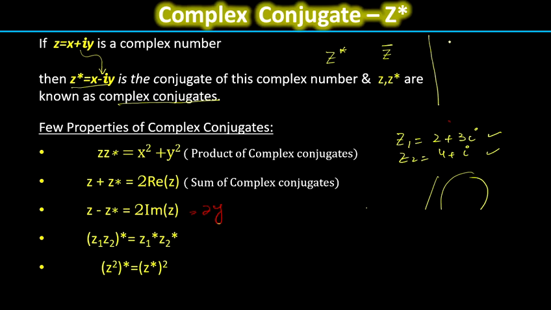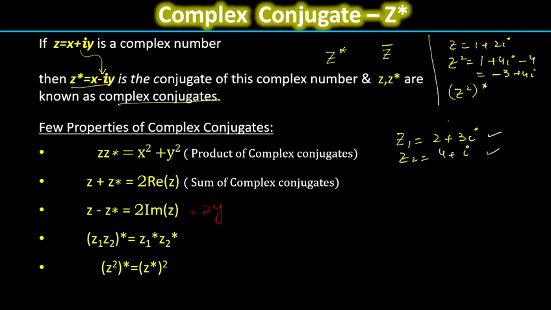I'm writing a simple complex number, suppose 1 plus 2 iota. Its square is 1 plus 4 iota, and iota square is minus 1 into 2 square, 4, so minus 4. I am getting minus 3 plus 4 iota. The conjugate of this complex number would be minus 3 minus 4 iota.